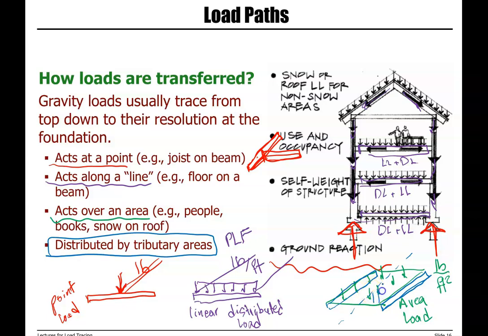So half of the load is transferred to this beam, and the other half is transferred to the other beam. So two beams supporting an area load. The load is divided between these two beams. It's carried by these two beams. These areas are called tributary areas, and the distance here is the tributary width.